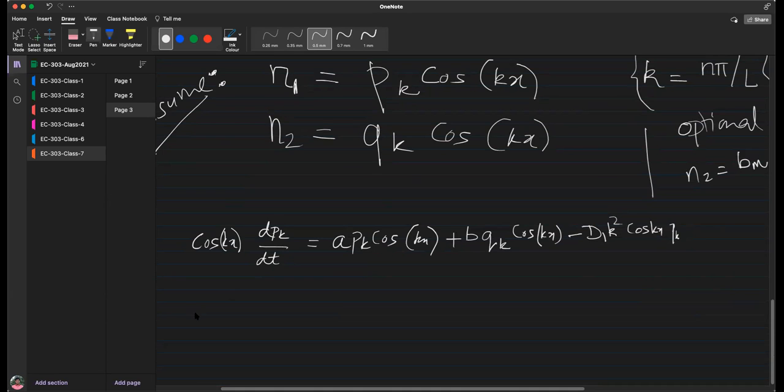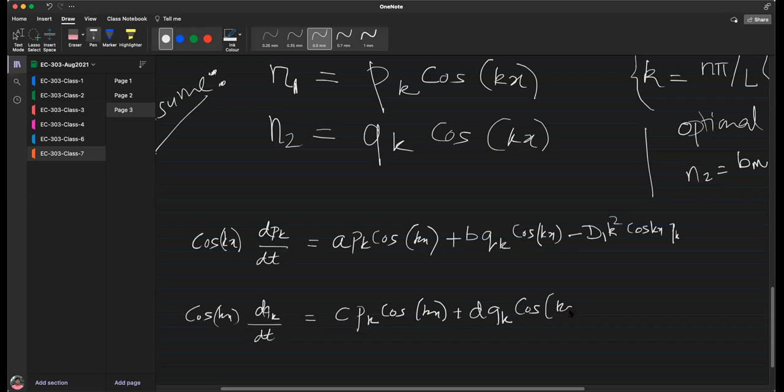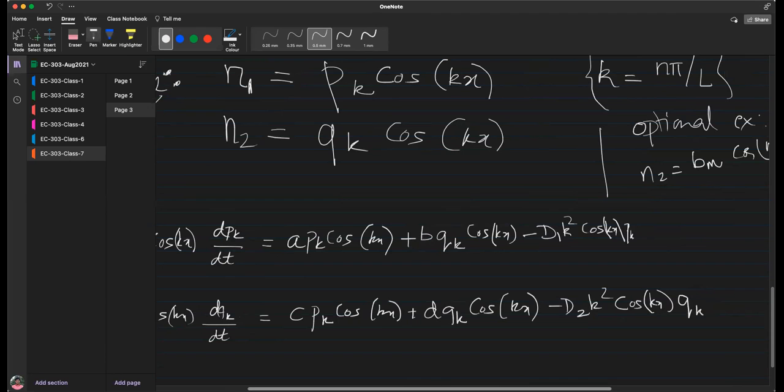Okay, so likewise we can write a second equation which will also have the cosine kx on the back: dq_k by dt is equal to c p_k cosine kx plus d q_k cosine kx minus D2 k square cosine kx times q_k. Is that right? Is that fine, everyone?